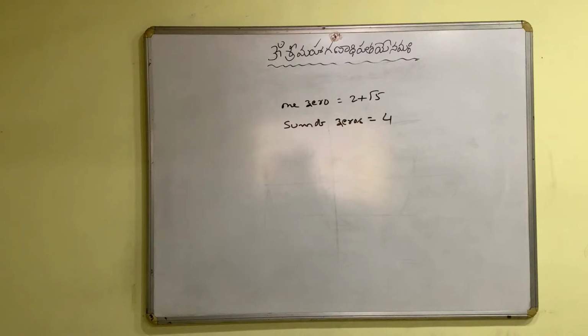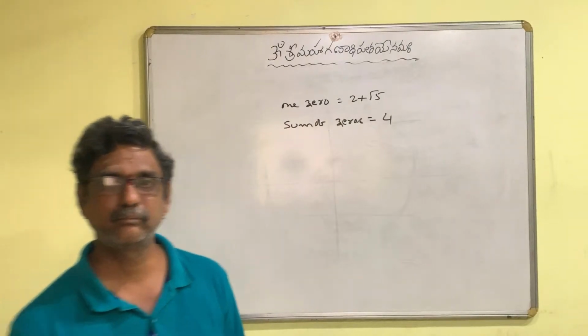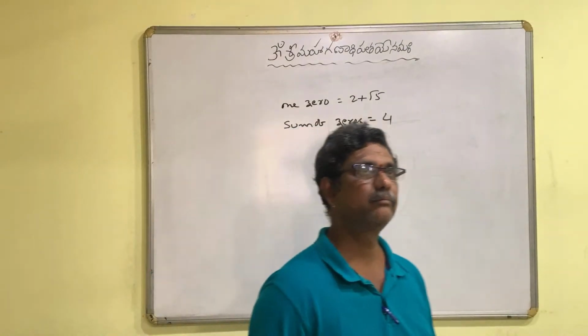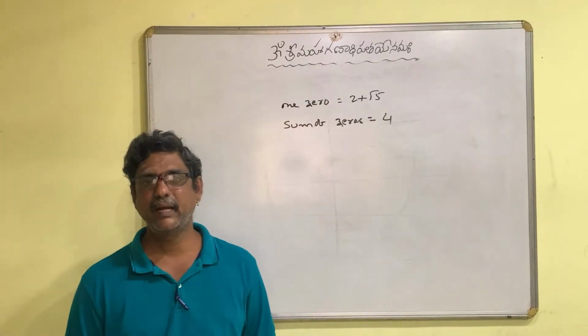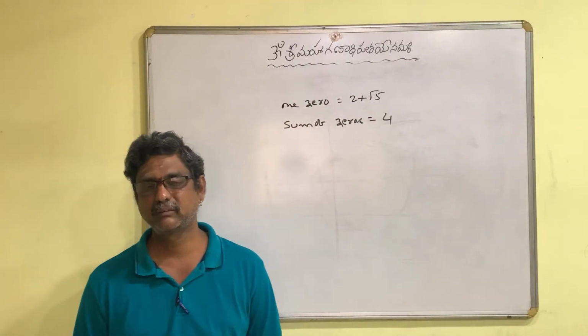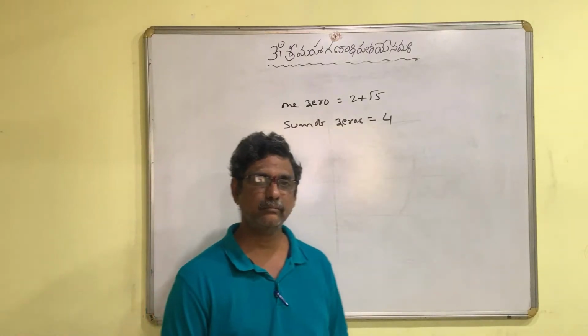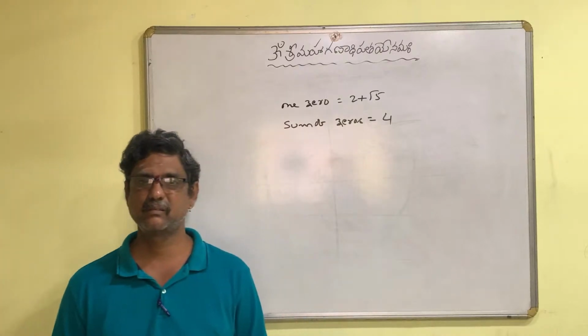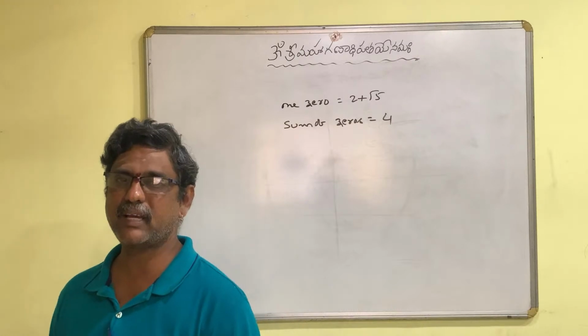How to do it? One zero is 2 plus root 5, and the sum of zeros is 4. We need to find out the polynomial. Fast, I want the answer.